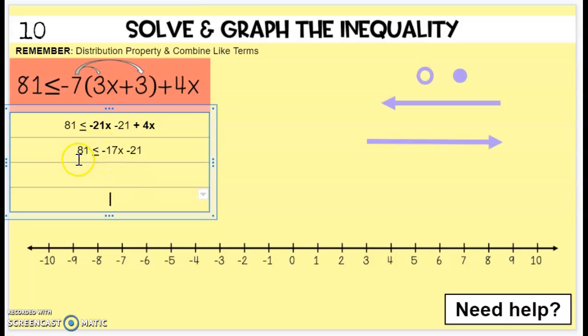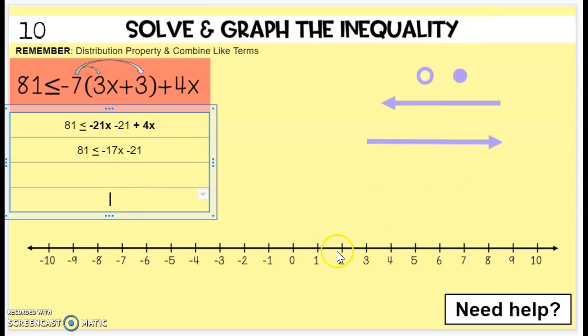So it's no longer going to be a less than or equal to. It should be a greater than or equal to x. We have to flip it because, from that rule, if the variable is being multiplied or divided by a negative number, at the very end you flip your inequality sign.